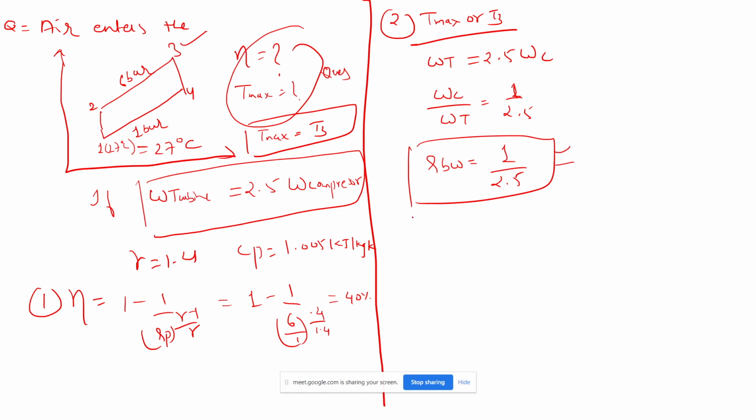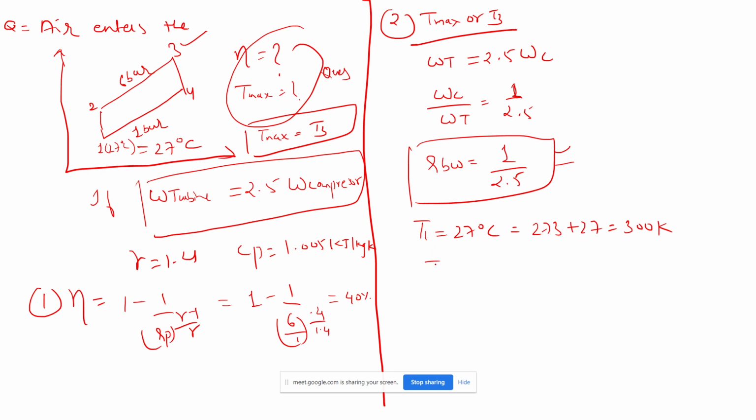Okay, so T1 they have given 27 degrees Celsius, so everything we have to write in Kelvin. So 273 plus 27 is equal to 300 Kelvin, the entering air temperature.